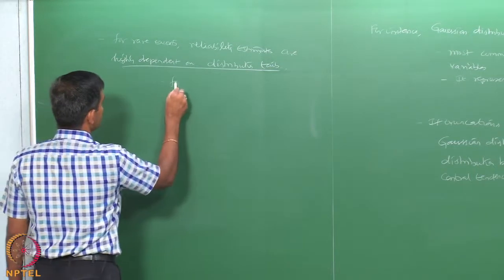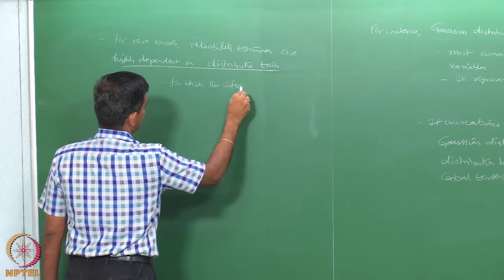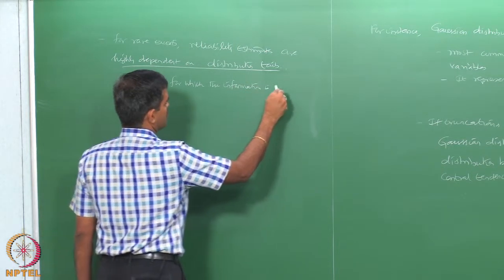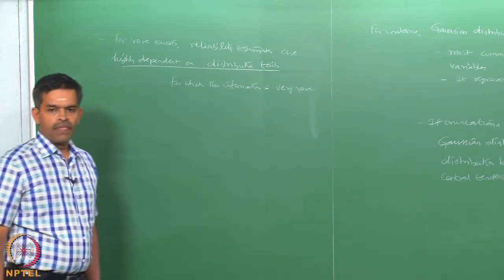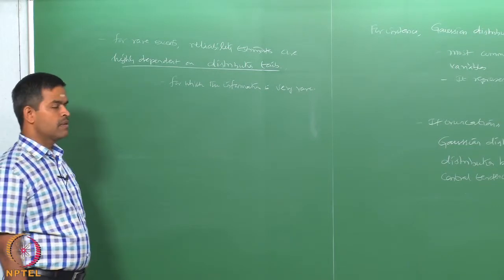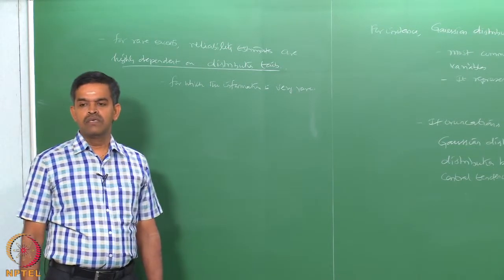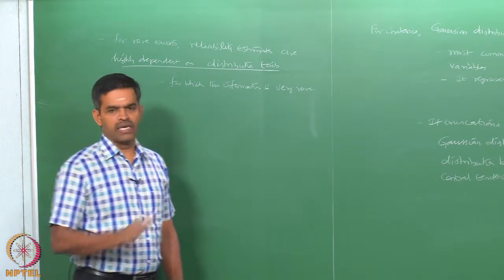Okay. That is why when you do reliability analysis for rare events, you can always land up in erratic results. So, what to do in such cases?